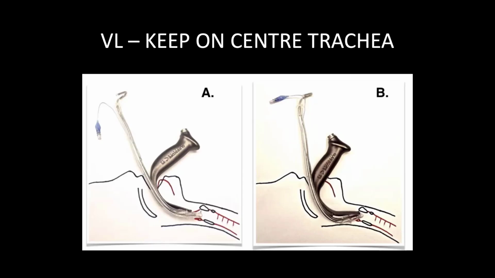This is another view here showing the difficulty with picture A, having the video laryngoscope blade right near the epiglottis and the tip of the endotracheal tube having a difficult time passing through, versus backing out a little bit and creating a more shallow angle where you can pass through your stylet.